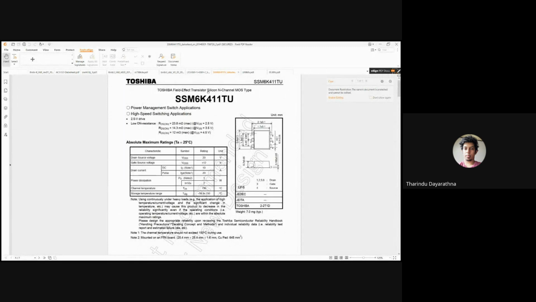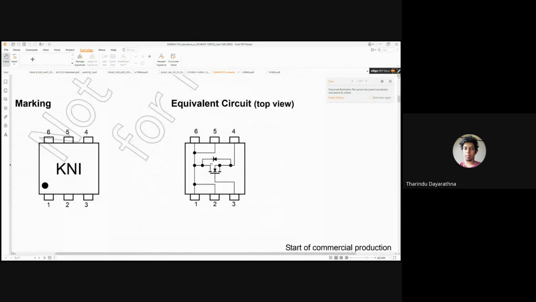This is an N-type, N-channel MOSFET. You can see it has 4 drain pins. Actually, there are not 4 drains inside, just one drain, which is connected to 4 pins.